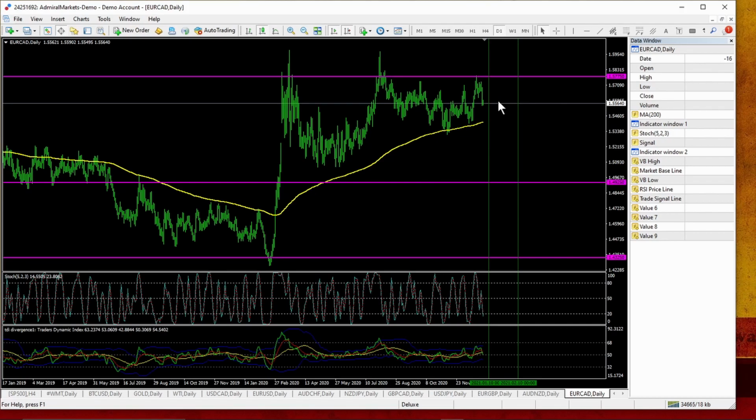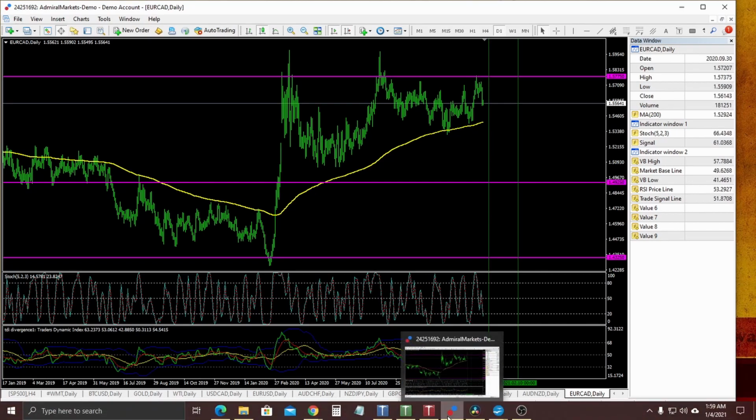So between these 2 brackets, we're only looking to trade long. Of course, this 200 will definitely tell you to do the same, but you have an 80% chance in this bracket to be profitable if you trade bullish. All right, so that is Forex.